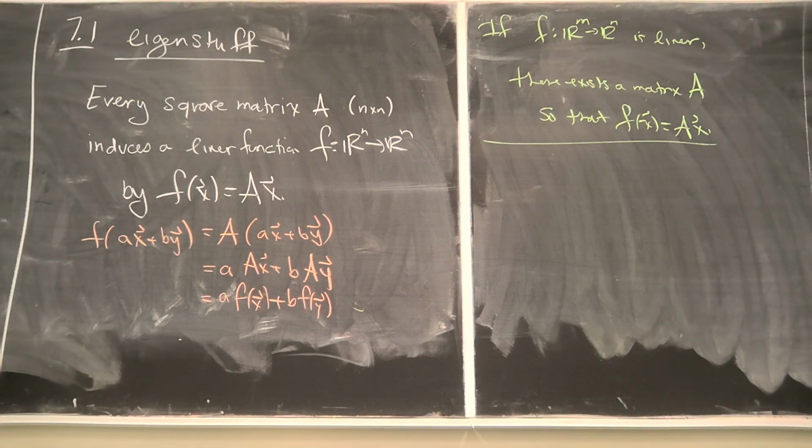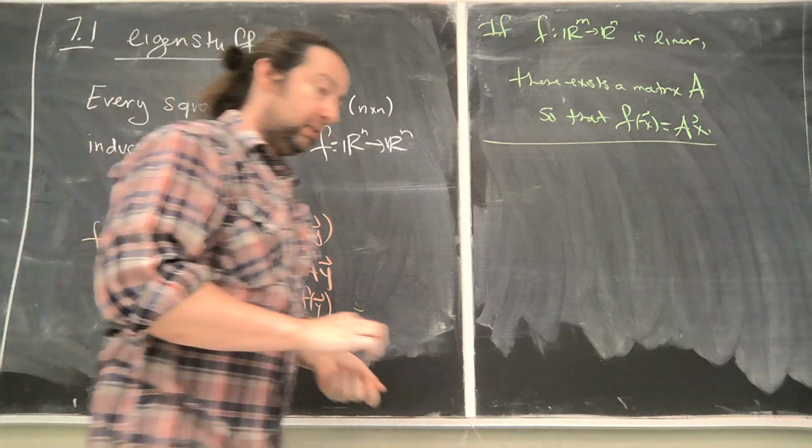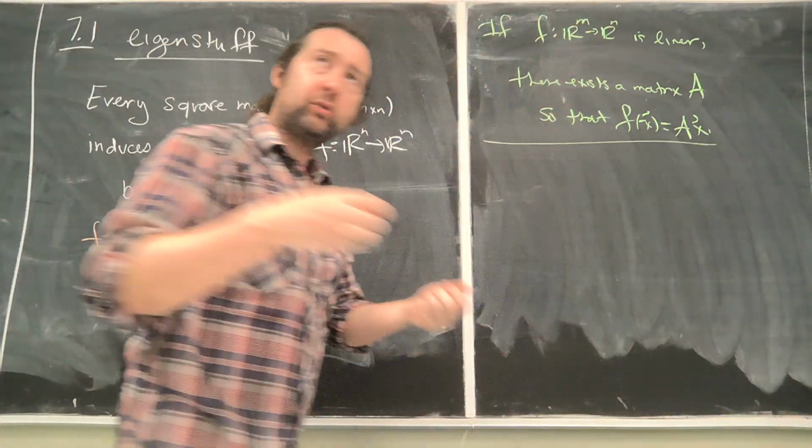So if we knew that we had a matrix that we had turned into a function in this way, it turns out that there are special vectors.